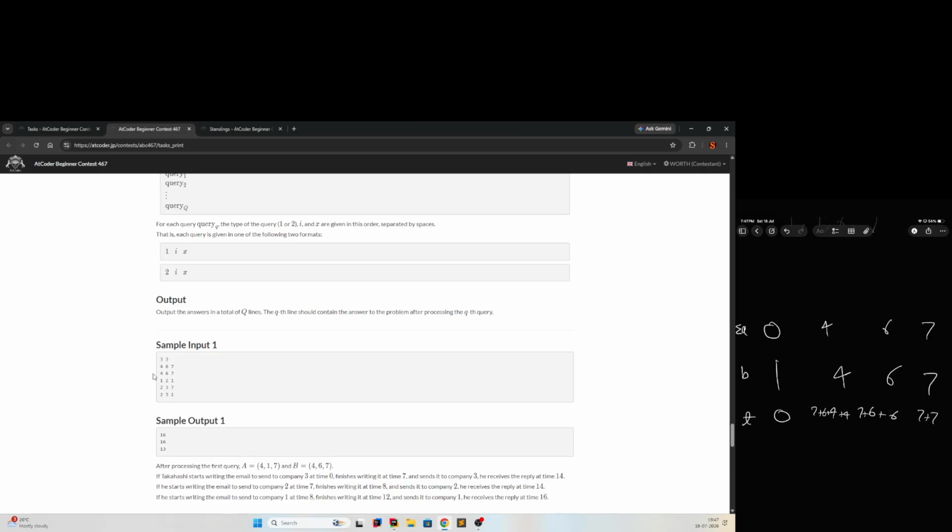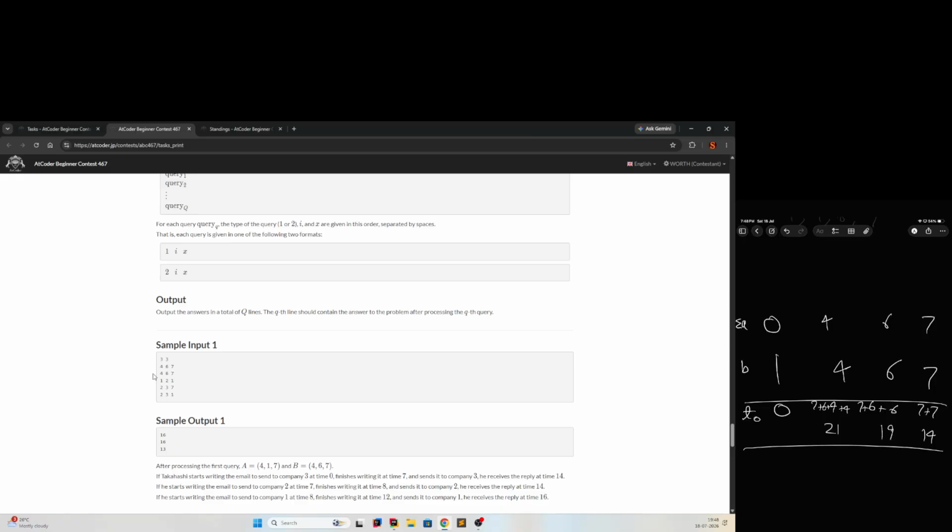And the time for this is 0, we don't consider this. So this is 14, 19, 21. I hope I'm correct. This is going to be the time initially, like t0.